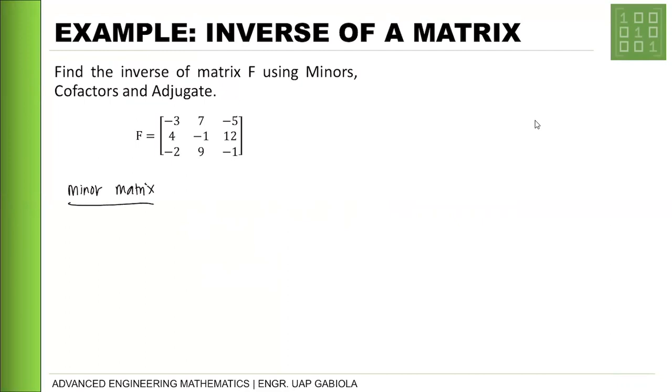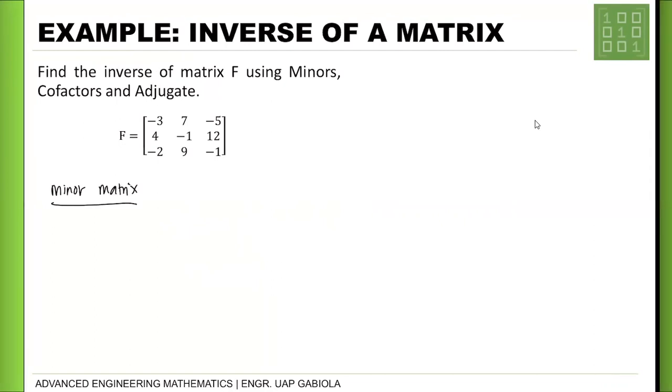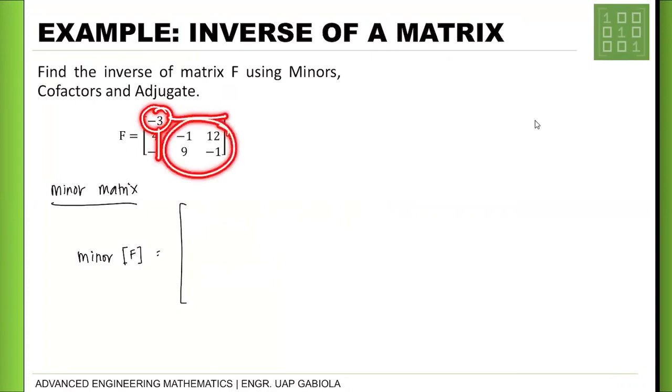So, para kunin si minor ng matrix, sulat ko na lang minor of F. Okay? So, di ba kung 3 by 3, 3 by 3 dapat yung size natin. Okay? So, first element tayo, eliminate natin yung row and column. So, determinant tayo nito. Okay?